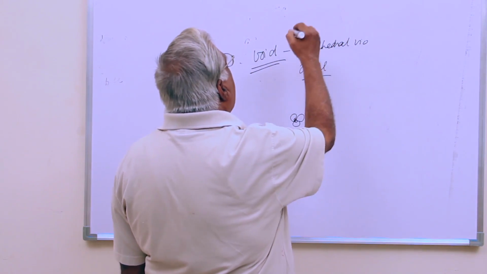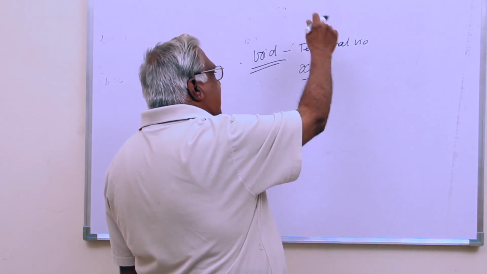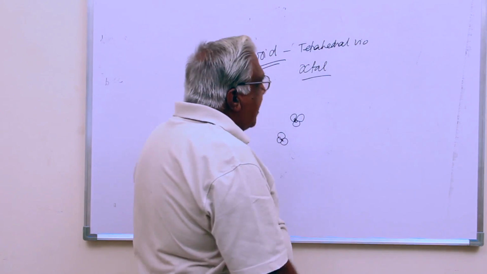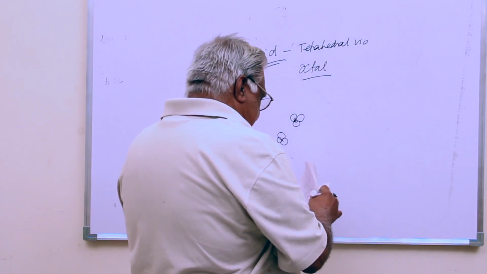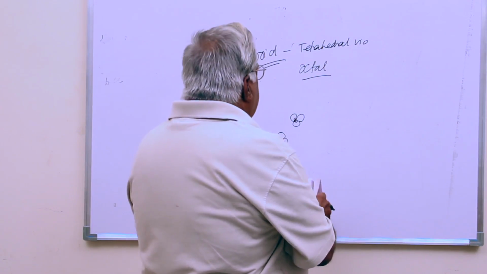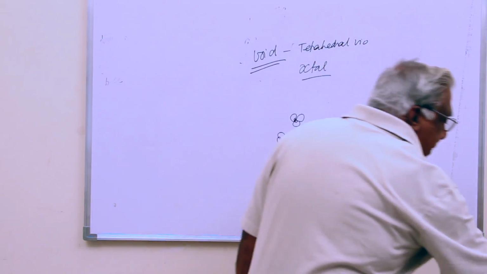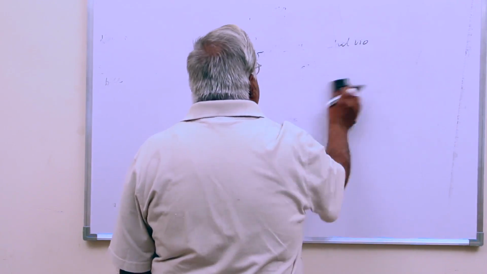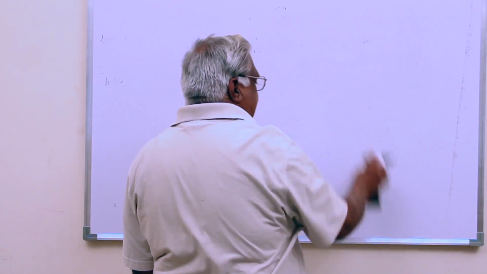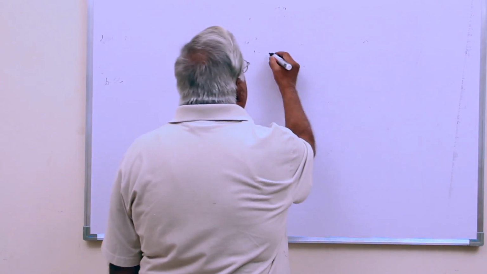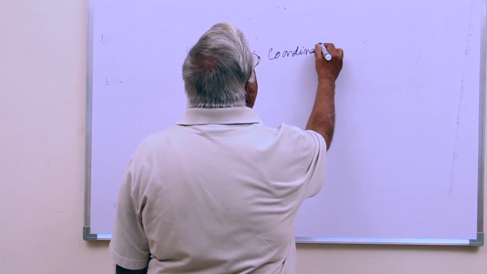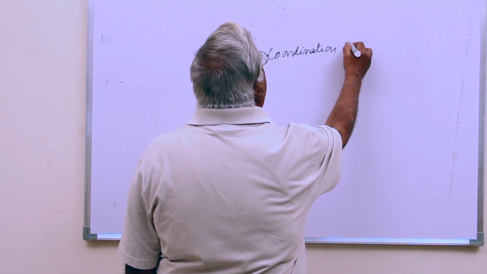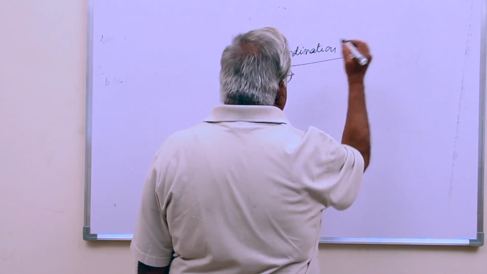So a tetrahedral void is one which is surrounded by 4 nearest neighbors, and an octahedral void is one which is surrounded by 6 nearest neighbors. The number of nearest neighbors of a void, we are going to call the coordination number. In other words, in any solid, each particle is surrounded by a fixed number of other particles. This is what we are going to call the coordination number.